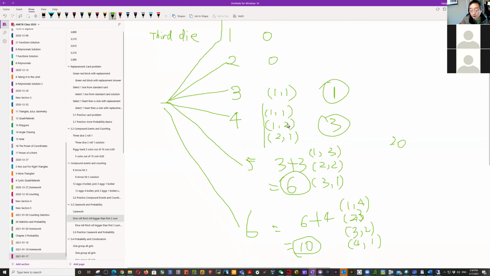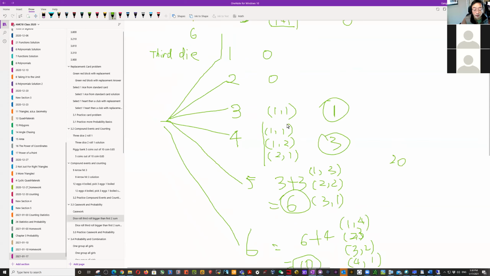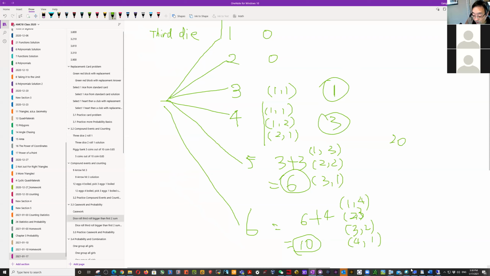The probability, so this is the favorable, and the total is 6 to the cube. And so basically, let's just factor. And this is 2 multiply 3, 2 multiply 3 multiply 6.